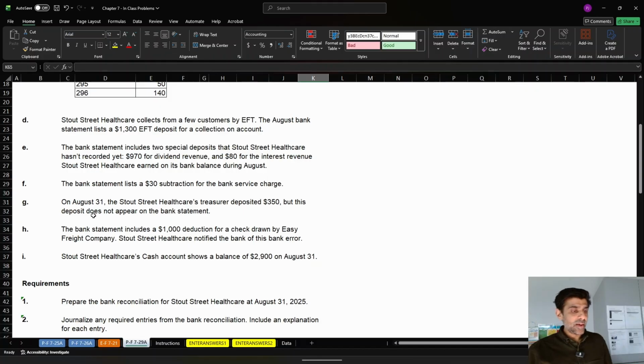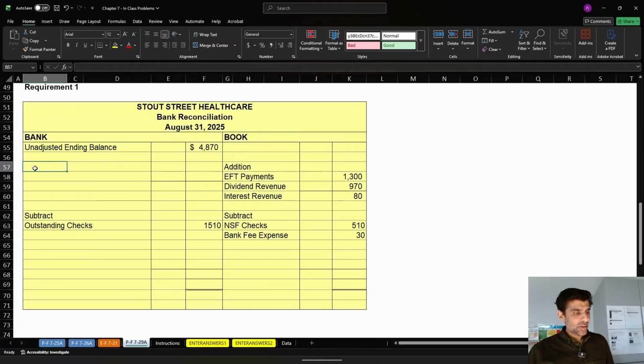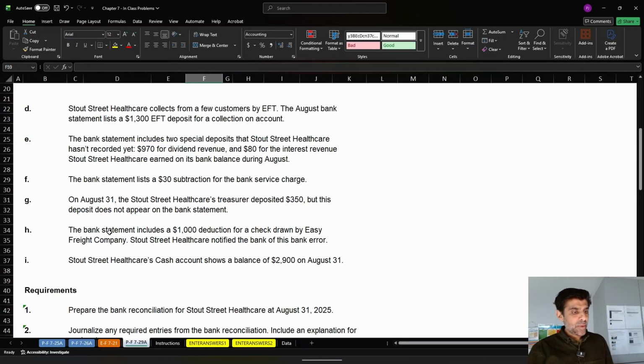Okay, so this is an example of a deposit in transit. So this is going to be an addition, deposit in transit, $350.